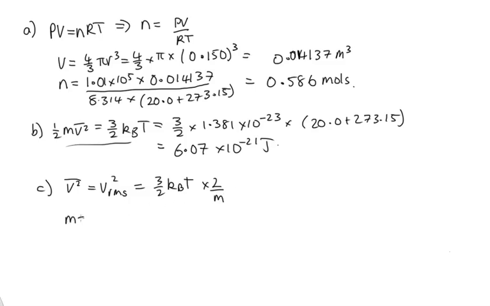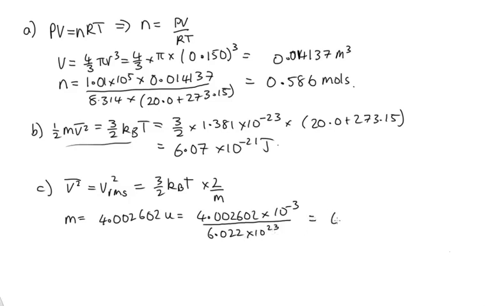And so we can look it up on the periodic table, and this is 4.002602 atomic mass units. We need to get it into kilograms to substitute it in here. So in order to do that, we've got 4.002602. Now this is grams per mole. So we times it by 10 to the minus 3 to make it into kilograms, and then we need to divide by Avogadro's number to get the mass of one molecule rather than Avogadro's number of molecules.